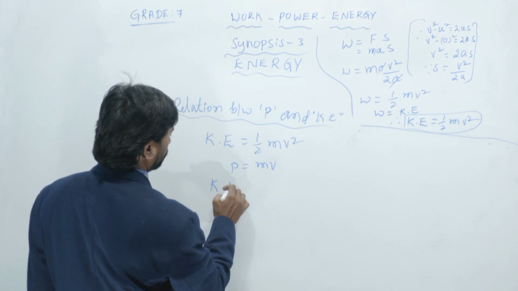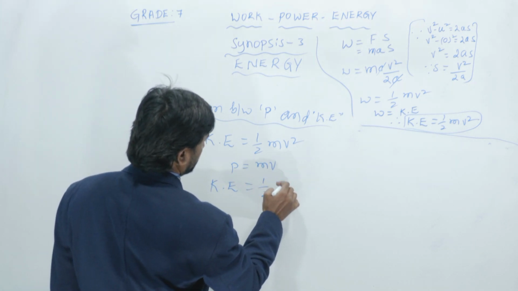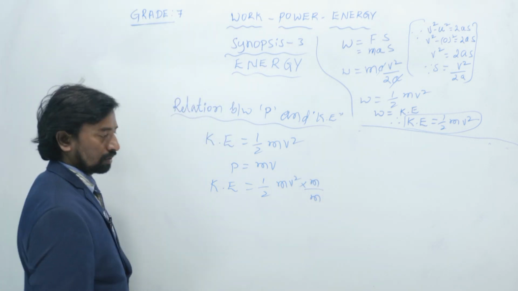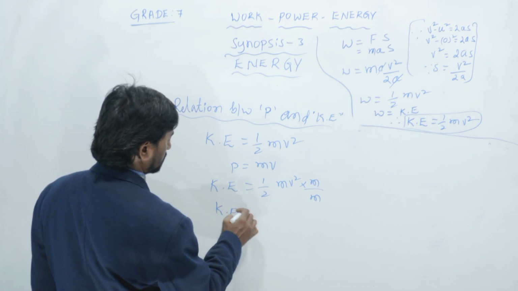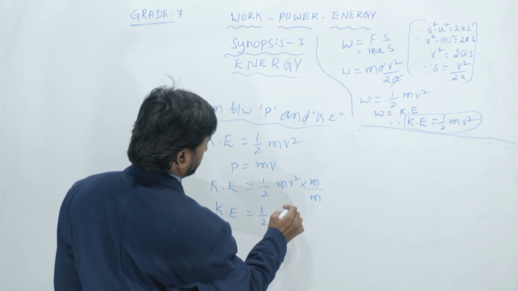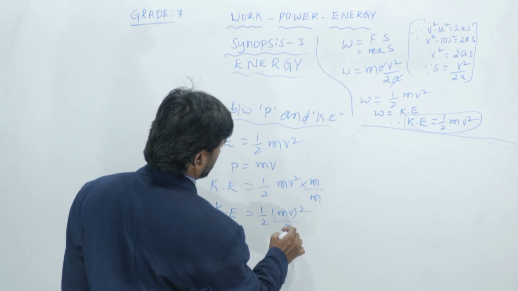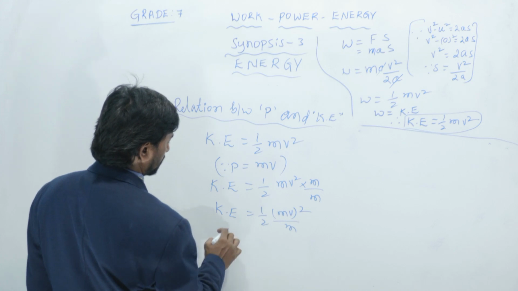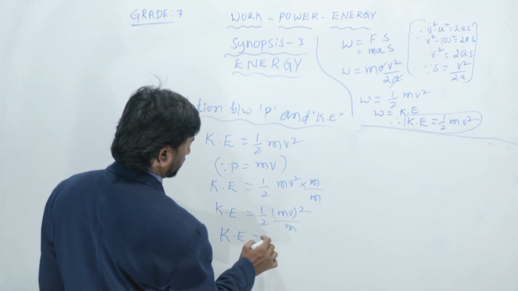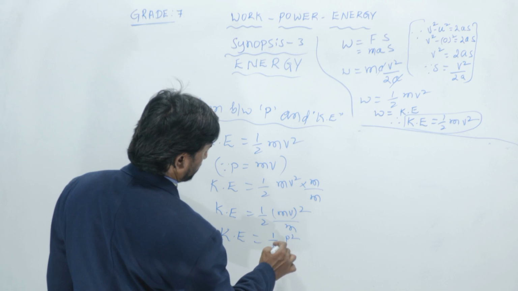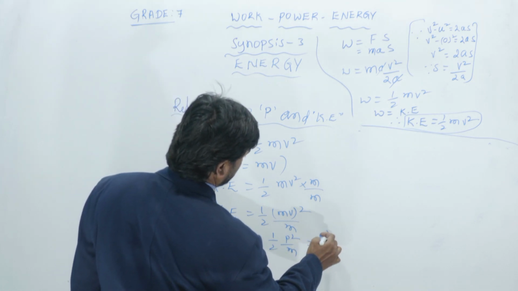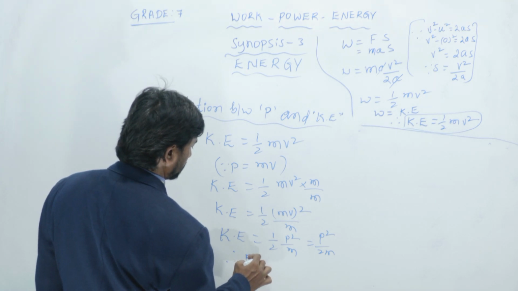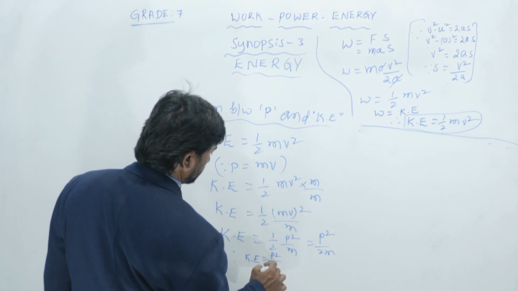If we multiply and divide m v square by mass, we can write kinetic energy is equal to half into (mv) whole square by m, so kinetic energy KE is equal to half into p square divided by m, that is nothing but p square by 2m. Therefore kinetic energy KE is equal to p square by 2m.